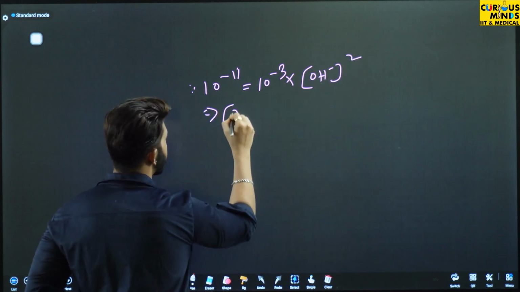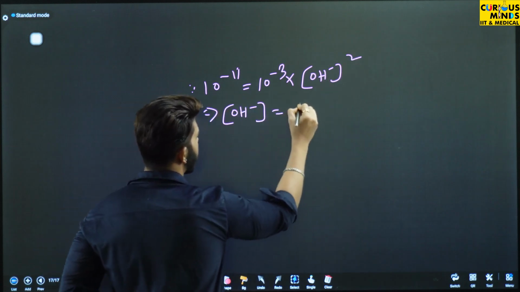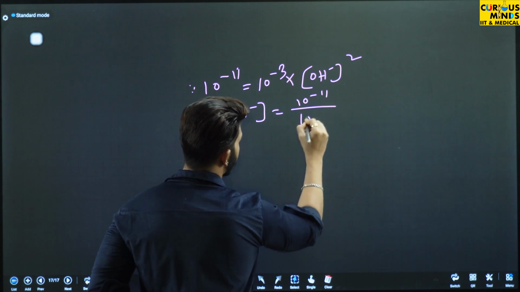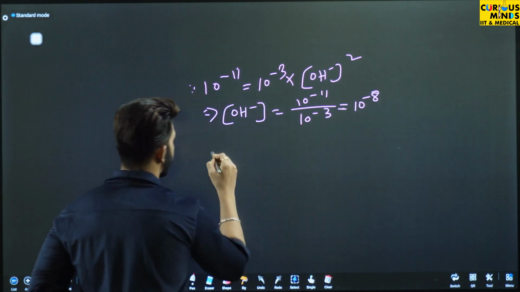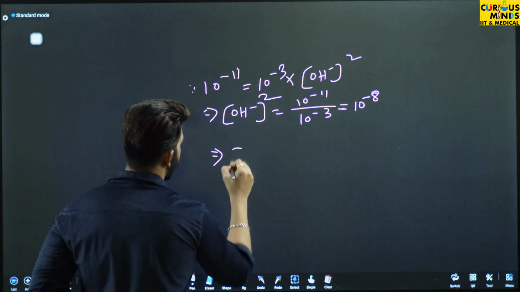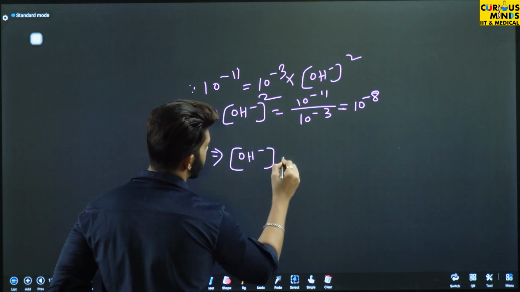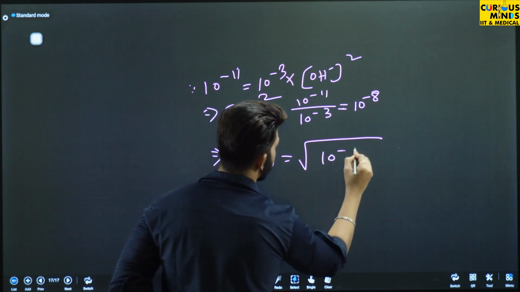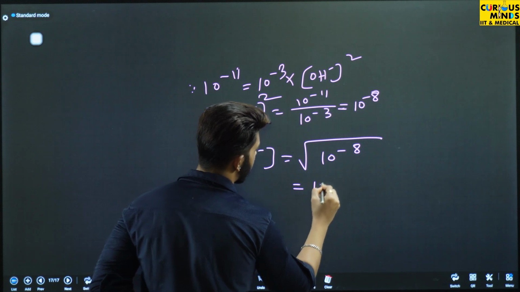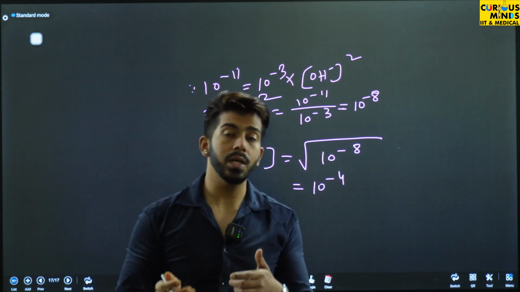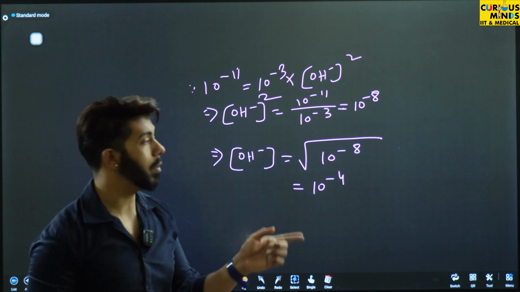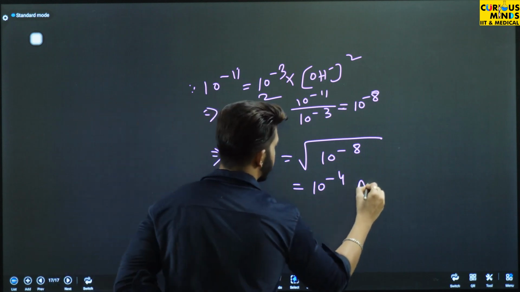So OH minus squared will be 10 raised to the power minus 11 by 10 to the power minus 3, and it will become 10 to the power minus 8. Now this was a square. So OH minus will become the square root of 10 raised to the power minus 8, which is nothing but 10 to the power minus 4. So we got the OH minus ion, that is hydroxide ion concentration, as 10 to the power minus 4 molar.